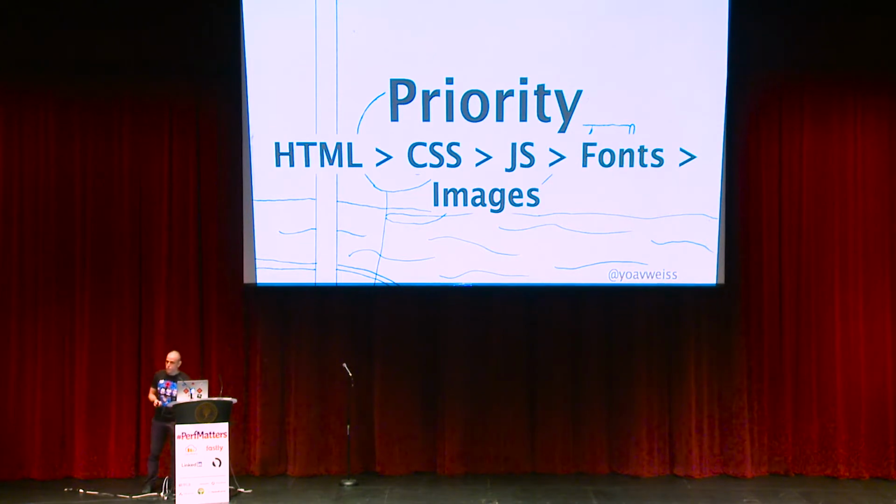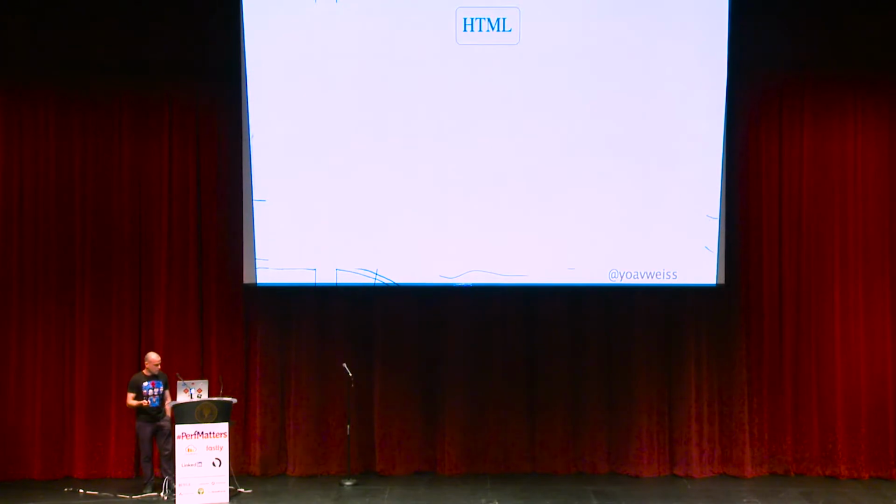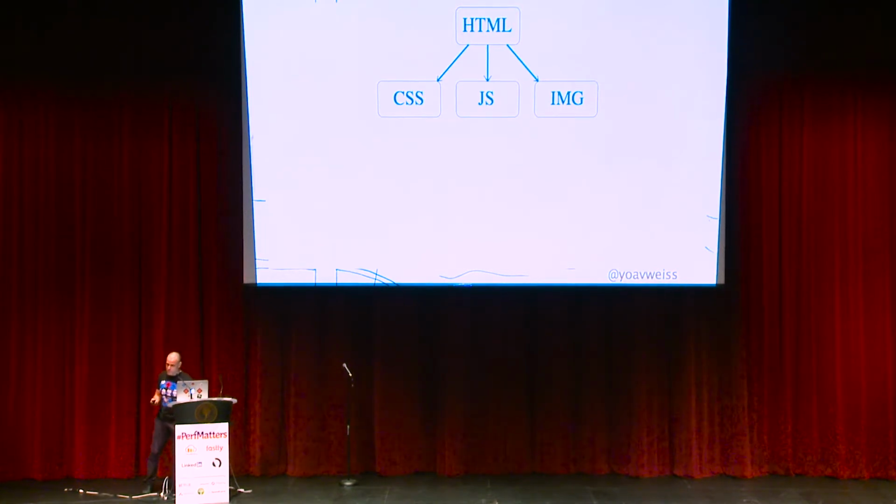Basically, HTML is more important than CSS, which is more important than JavaScript, which is more important than fonts, which is more important than images. But in practice, many implementations have more complex logic, depending on the resource position in the document or position in the viewport. But generally, the browser starts downloading the HTML to discover CSS, JavaScript, and image resources.